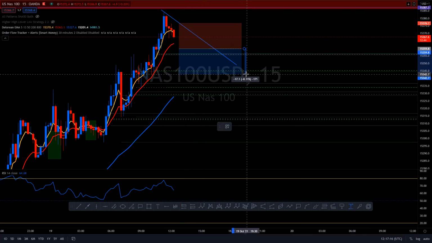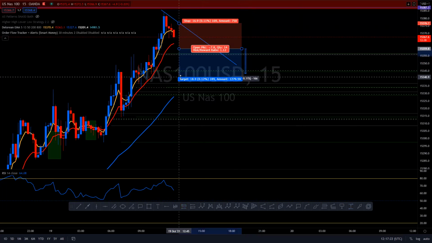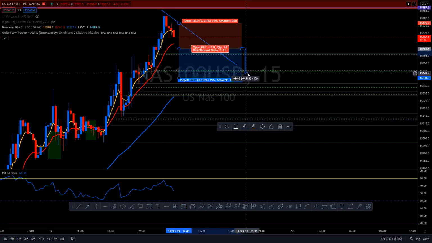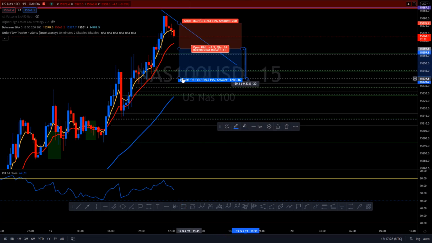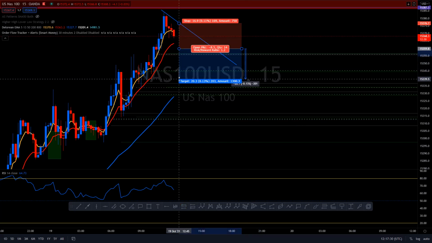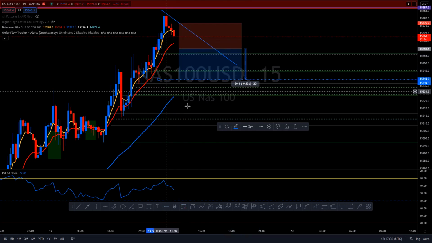This would be 168 pips. I want to shoot for at least 200. $200 is down at this point. So then this will probably be my first target here.